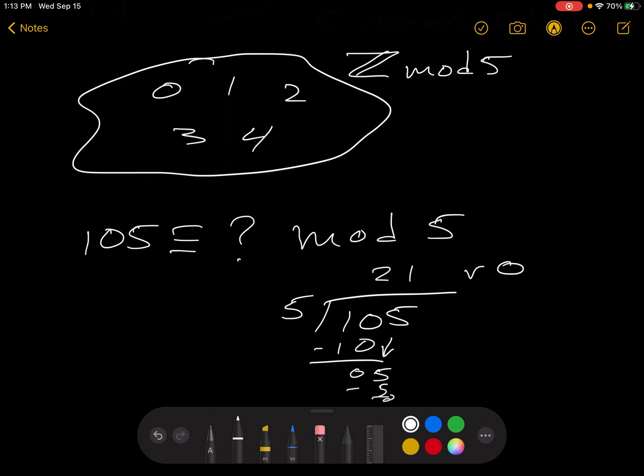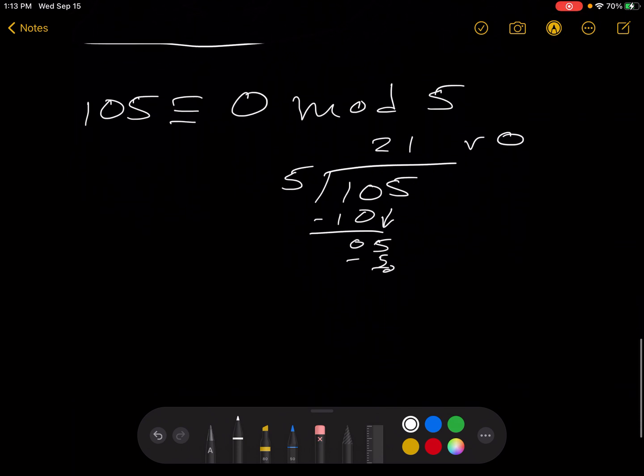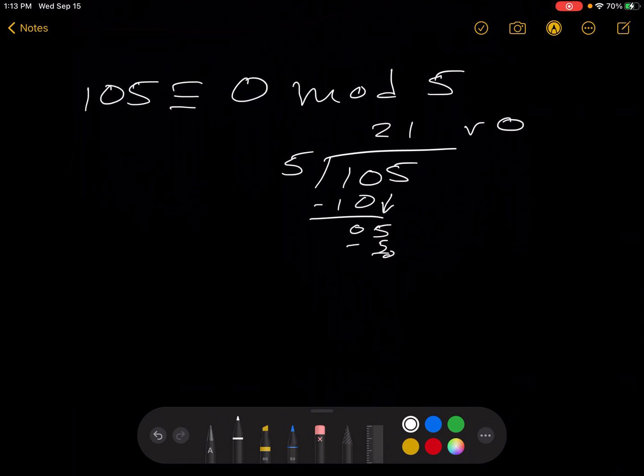Remainder is 0. So that means that 105 is the same as 0 mod 5. 105 and 0 have the same remainder when dividing by 5, and that remainder is 0.